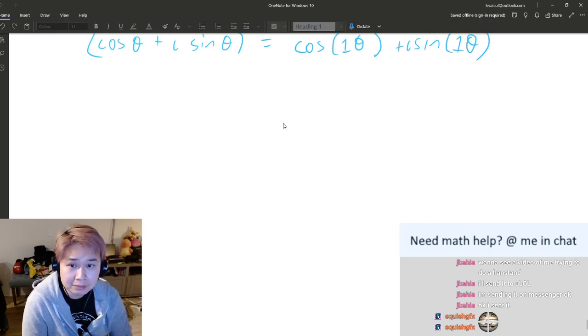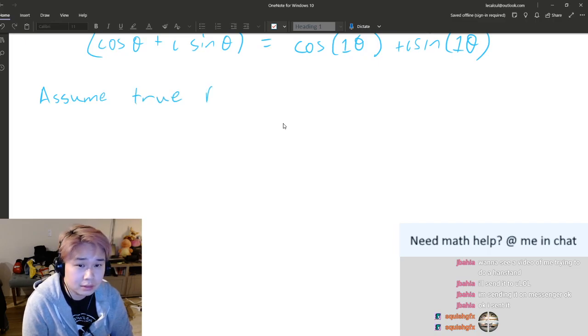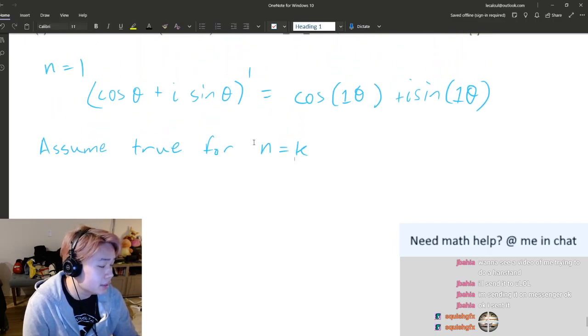So let's assume that this is true for n equals k. So some arbitrary k.